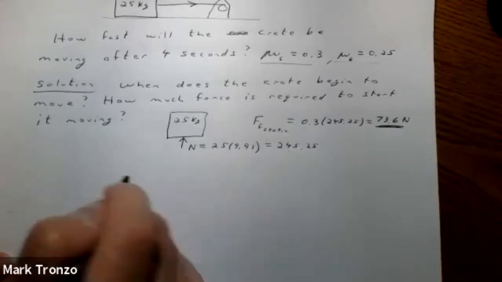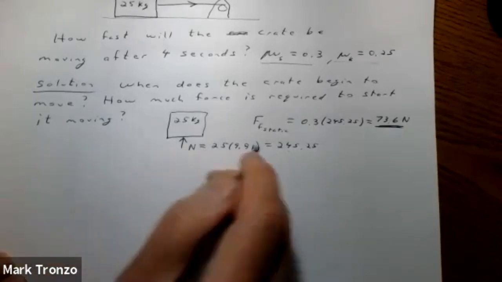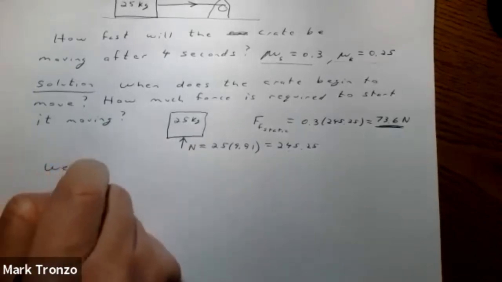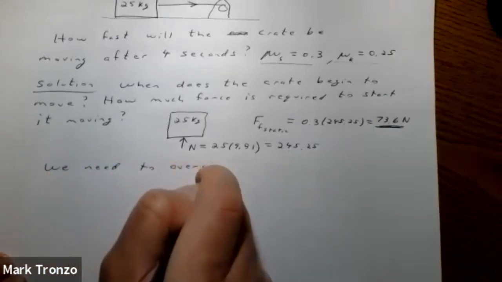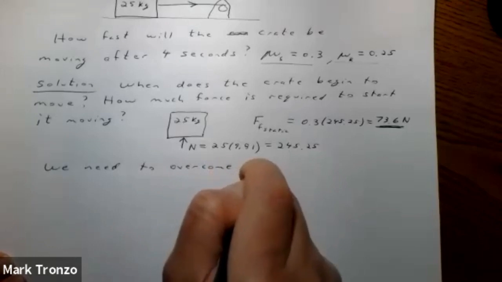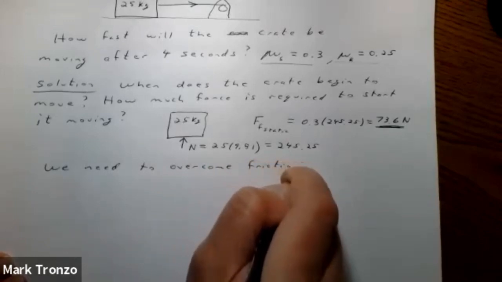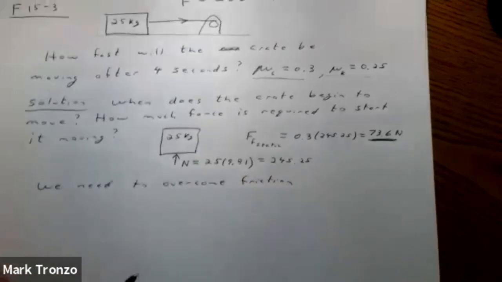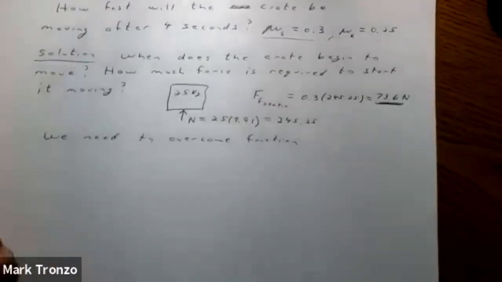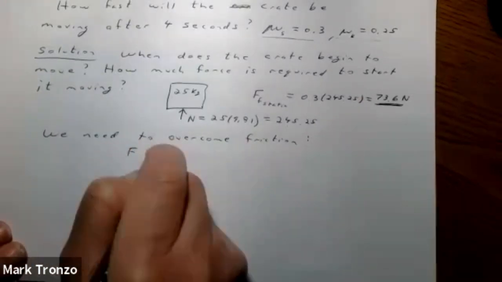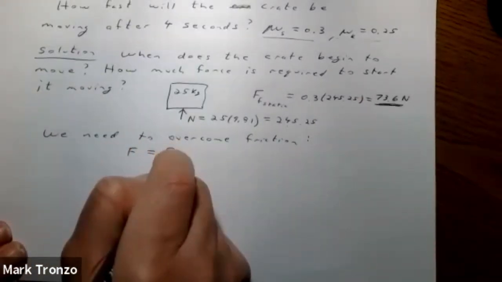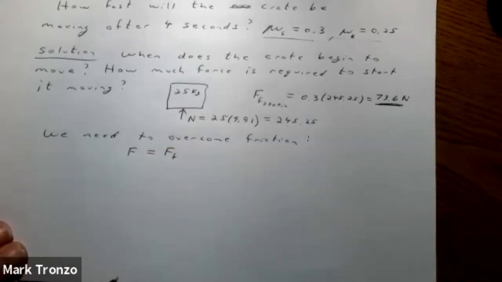So we need to overcome friction. The force the motor's pulling is 20t squared, so the force has to equal the friction force for it to start moving.